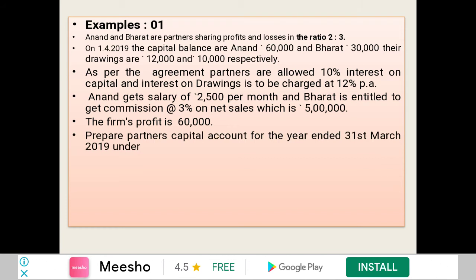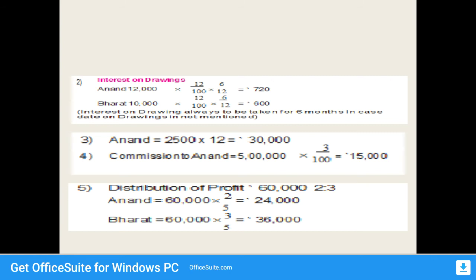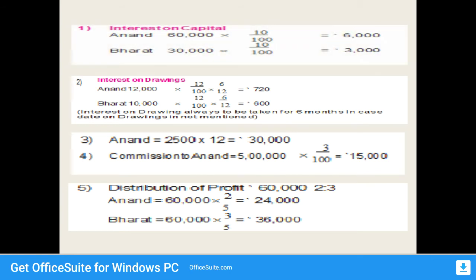Prepare the partners' accounts for the year ended 31st March 2019 under the fluctuating capital method. So first adjustment, interest on capital.